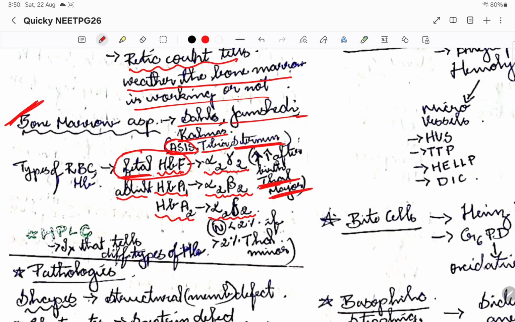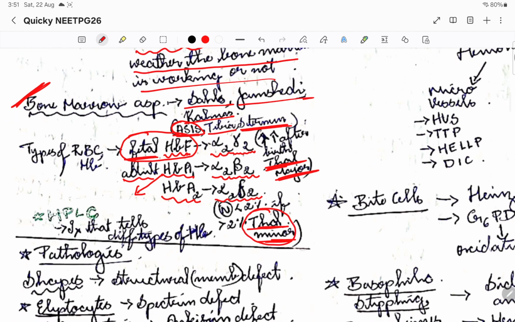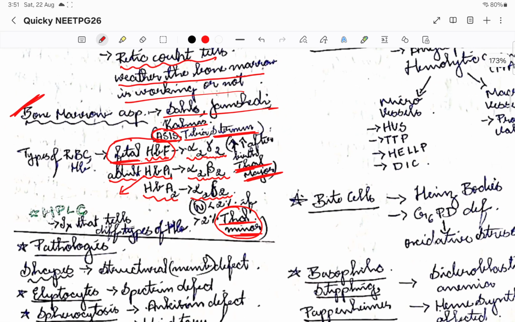The major hemoglobin in a normal adult is HbA1. Suppose there is increased HbA2, then that is when we call it thalassemia minor. We'll come back to thalassemia in a later discussion, but for now remember that these are the types of hemoglobin circulating in our body.